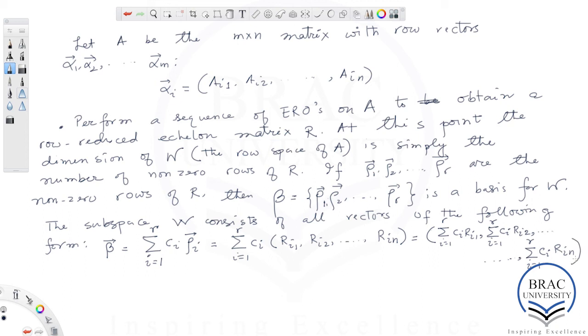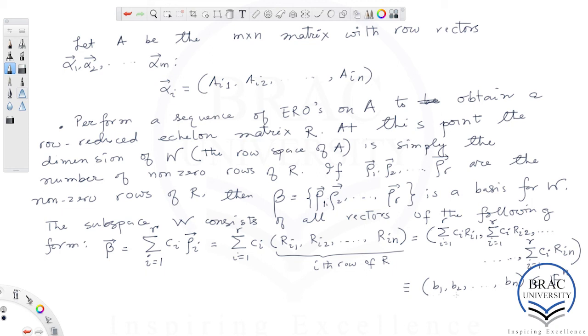So we call it the n-tuple, b1, b2, all the way up to bn, and this is an n-tuple, right? This belongs to F to the n. This is the ith row of R. Good.